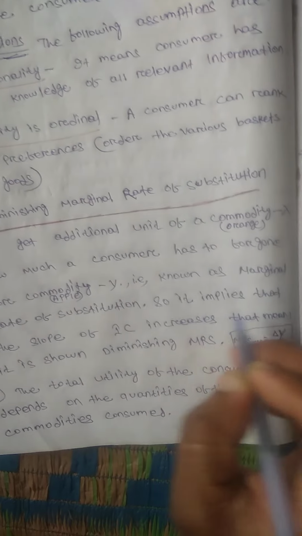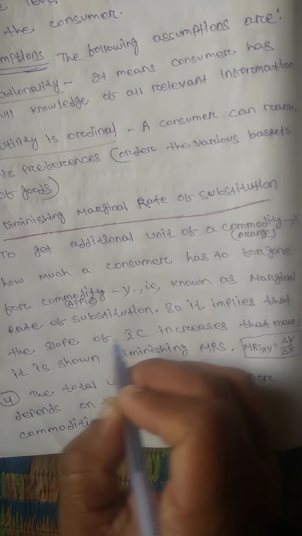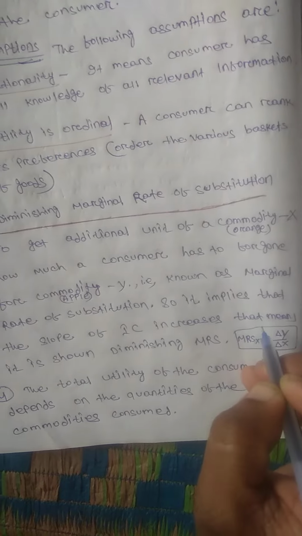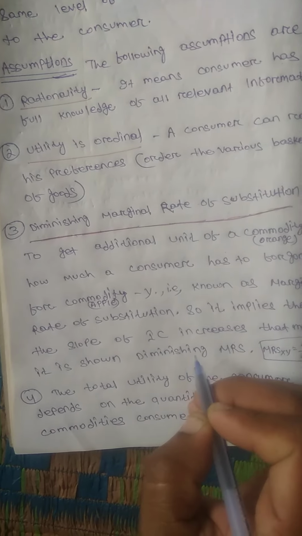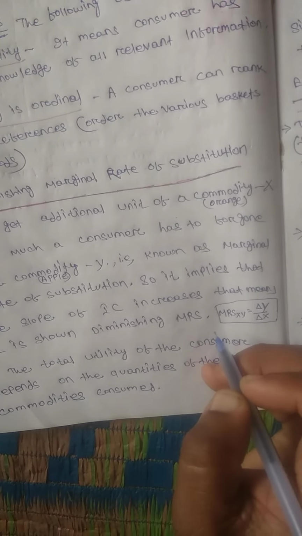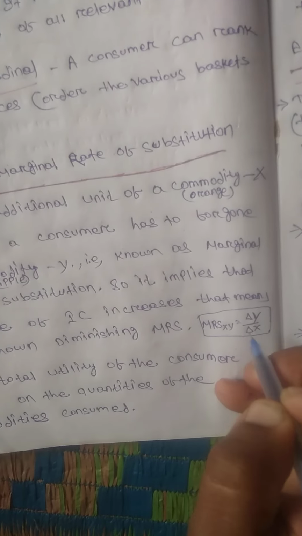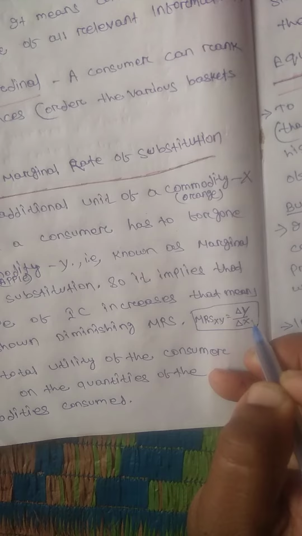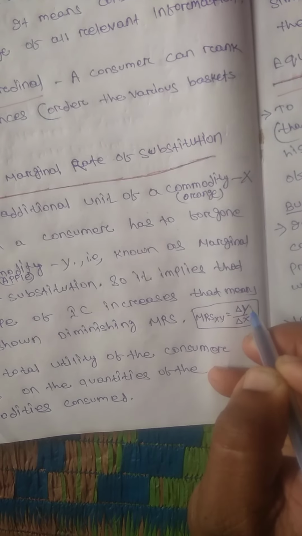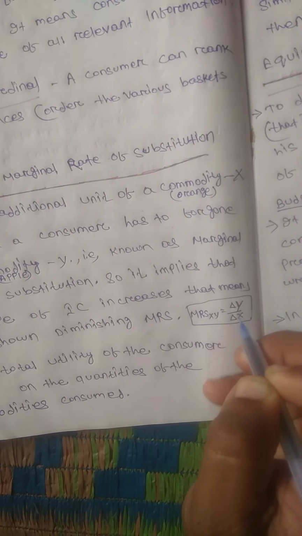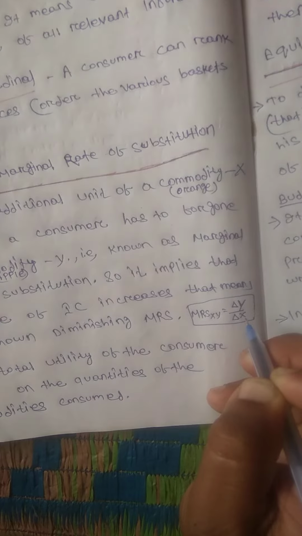It implies that the slope of the indifference curve diminishes, that means it shows diminishing marginal rate of substitution. Mathematically, MRSXY is equal to del Y by del X, where del Y means the change in commodity Y with respect to the change in commodity X.